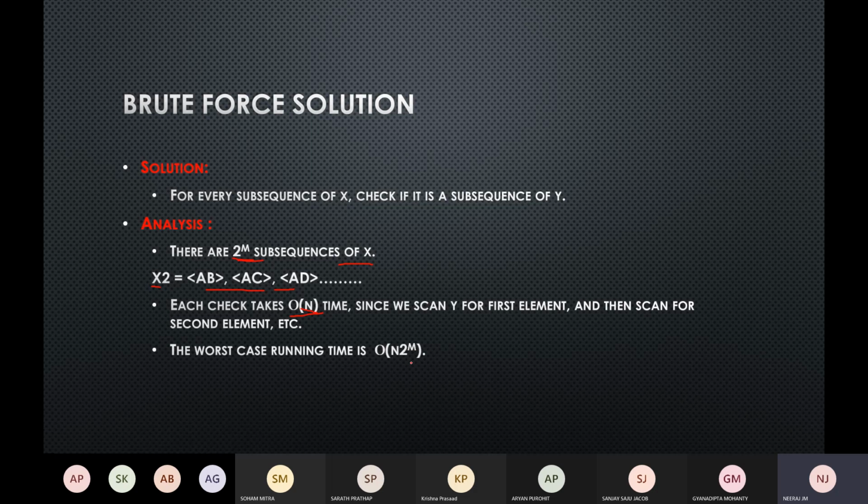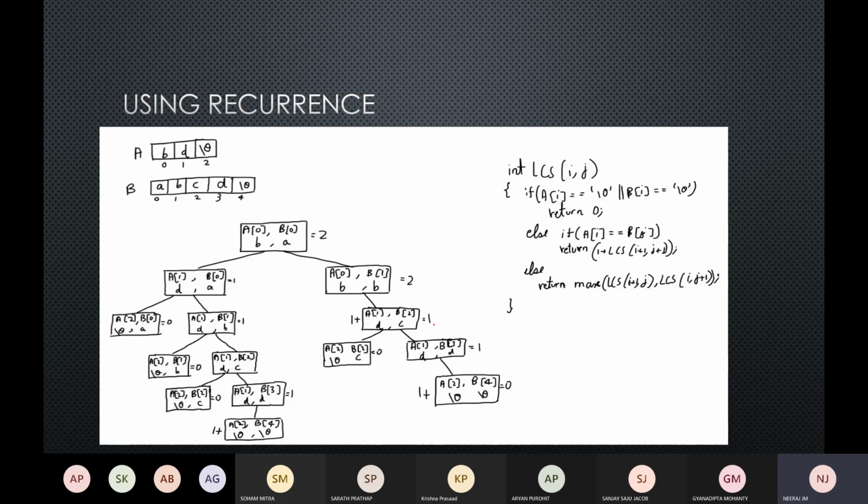Now let's try the same thing which I said, LCS using recurrence. How does recurrence work? If I take example of A as this, the string is B and D, and my B string is A, B, C, D. How do you use recurrence? If you reach end of the string anywhere, if you reach end of the string here, slash 0 is nothing but your end of the string, or here you return 0, because obviously there's nothing found, there's nothing there.